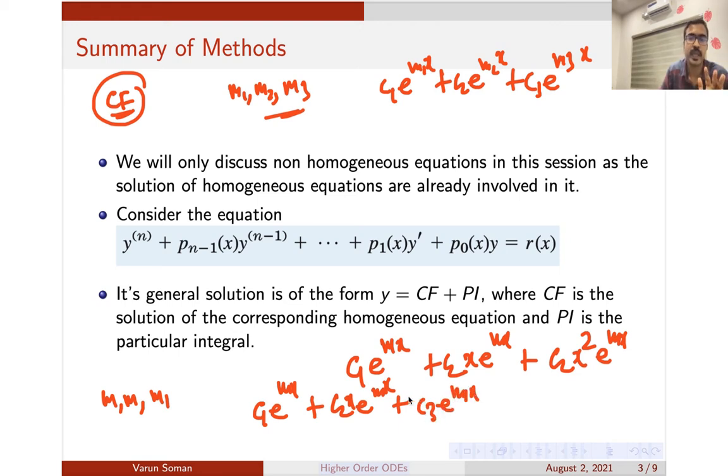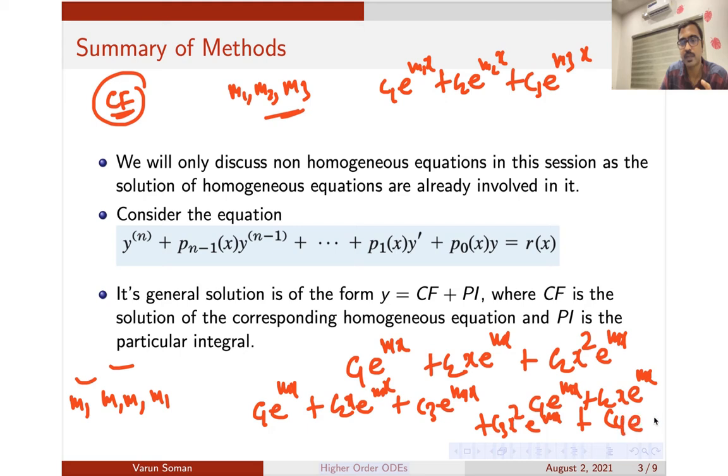Suppose there are three roots which are the same and one root which is different. Then also it goes like that: c1 e raised to mx plus c2 x e raised to mx. Now we have accounted for two roots, plus c3 x square into e raised to mx plus once more c4 e raised to m1x.